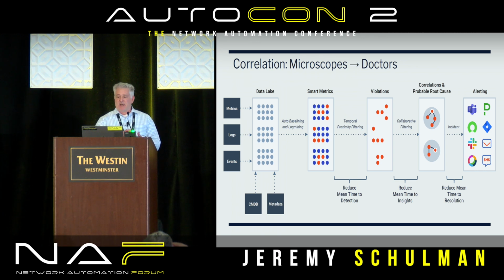So these become violations, and those violations are then tied together through NER, named entity recognition, and other AI or ML means, so that they're correlated in a graph dynamically, and that gets you closer to this mean time to insight. Like, what are the events causing this thing to happen? And then, of course, we want to be alerted on those events when they occur.